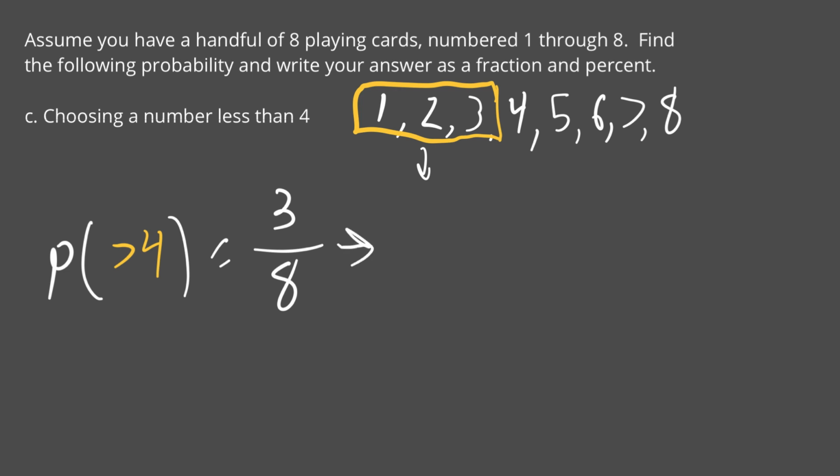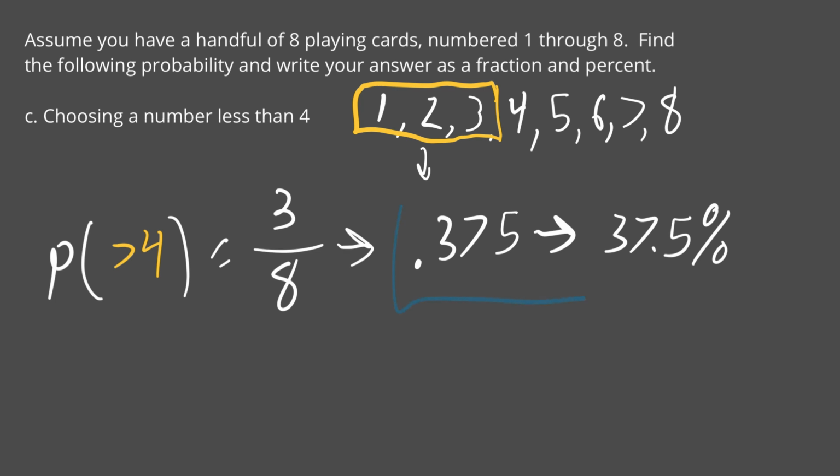And you can simplify this into a decimal. That gives us 0.375. And again, we can change that into a percentage by moving the decimal 2 places to the right, and we get 37.5% as our final answer.